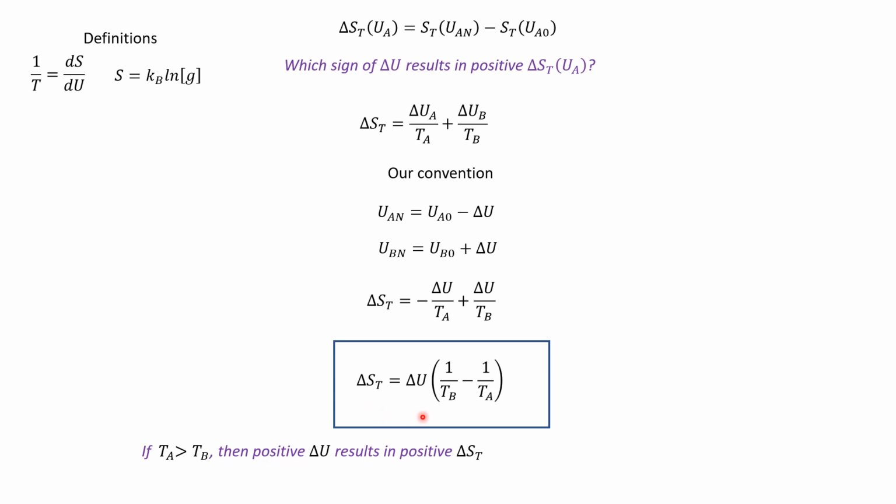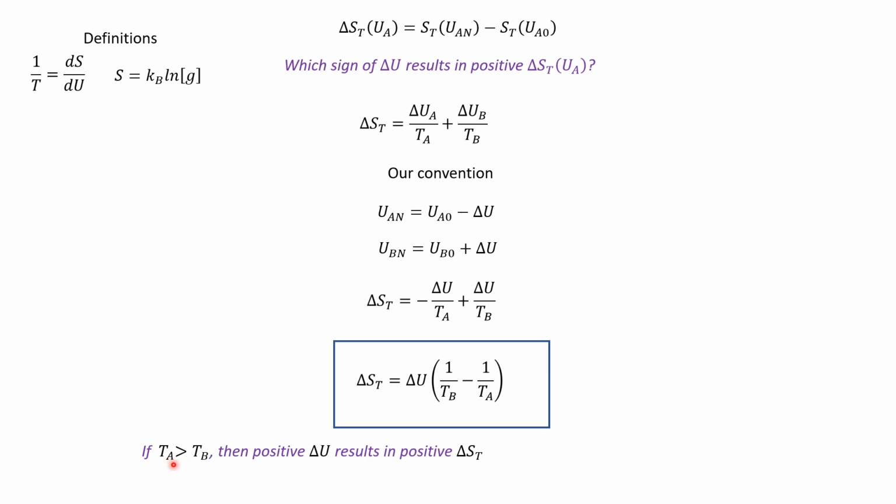Now let's investigate what this equality entails. So for example, let's suppose that the temperature of system A is higher than the temperature of system B. So according to this expression, if TA is higher than TB, then a positive delta U results in a positive variation of the entropy.